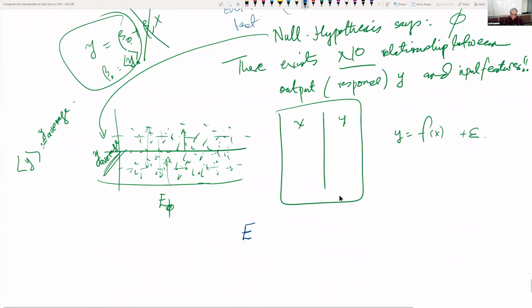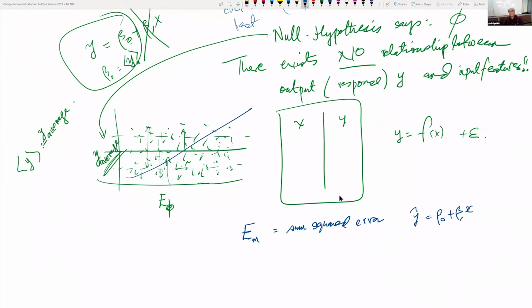Model 1 of a particular model, whatever it is, total the error, sum squared error of your model Y hat is equal to beta naught plus beta 1x. So you actually have a genuine line. Let's say that you are claiming this is the relationship. So you will get with this.